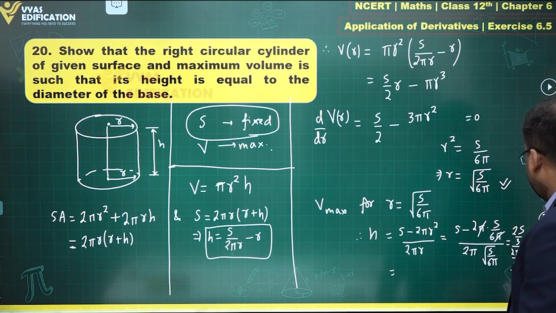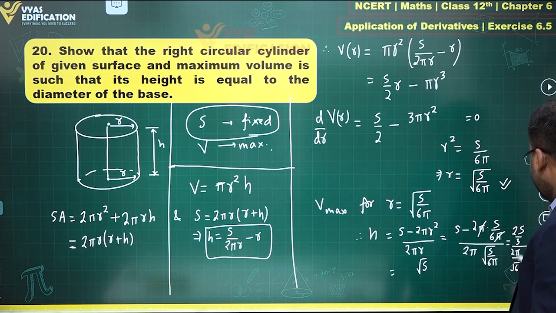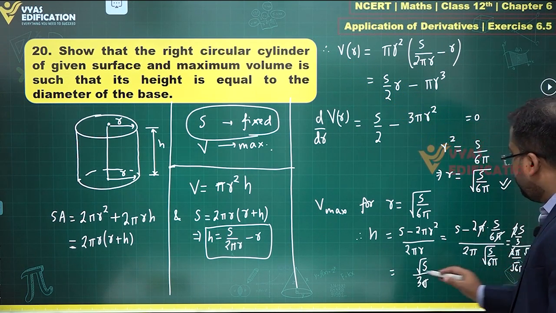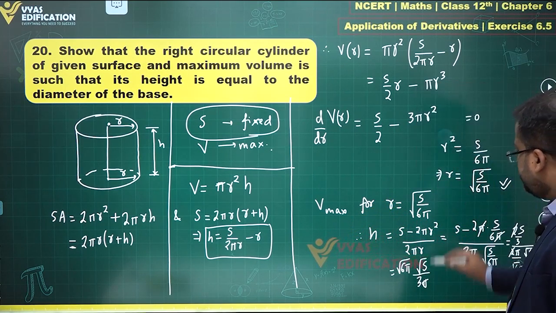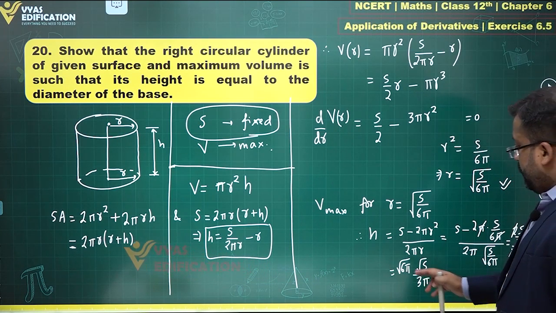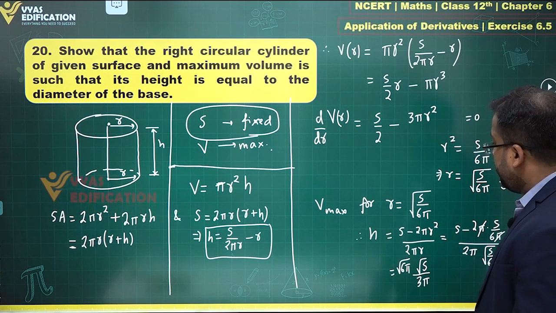Root s is what I will be getting. 2 goes with 2. In the denominator, you have 3 pi. And the denominator's root 6 pi will come in the numerator. This is what you get. Root 6 pi s upon 3 pi is what I get.